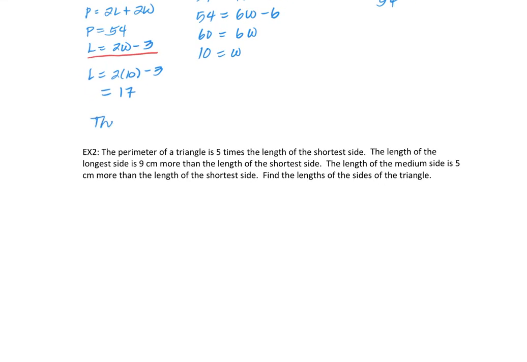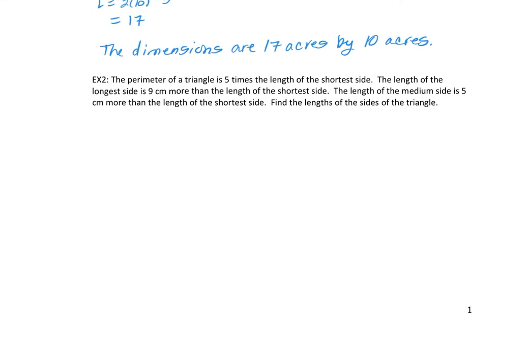So I'm just going to say the dimensions, and you could also add of the rectangular plot, but I'm just going to directly answer the question: 17 acres by 10 acres, period. Okay, let's try another one.